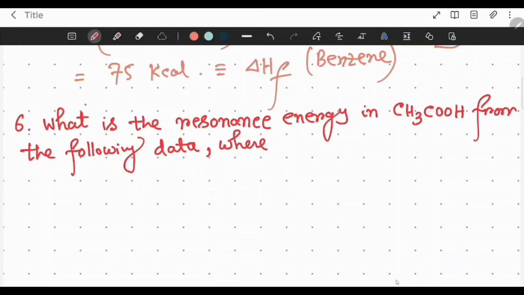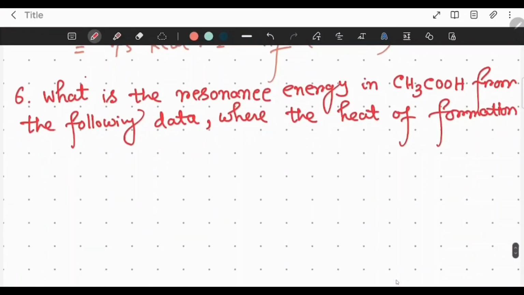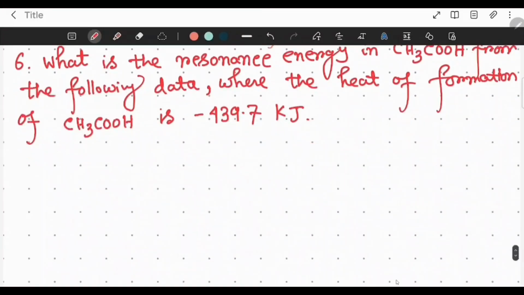Where the heat of formation of acetic acid is minus 439.7 kilo.